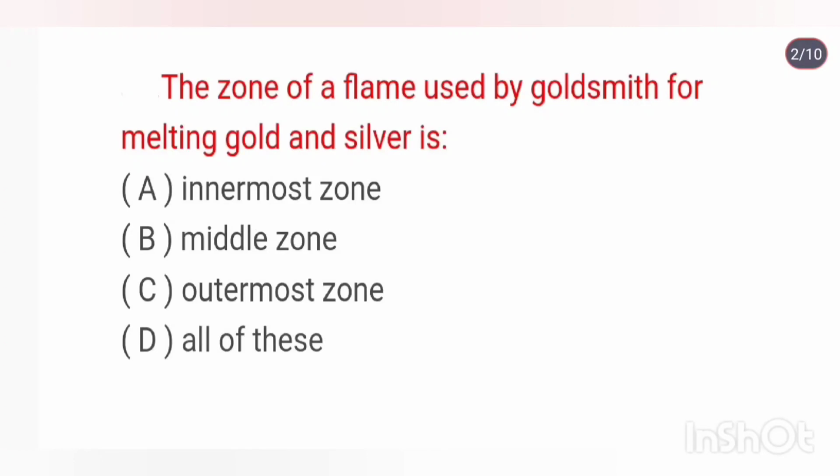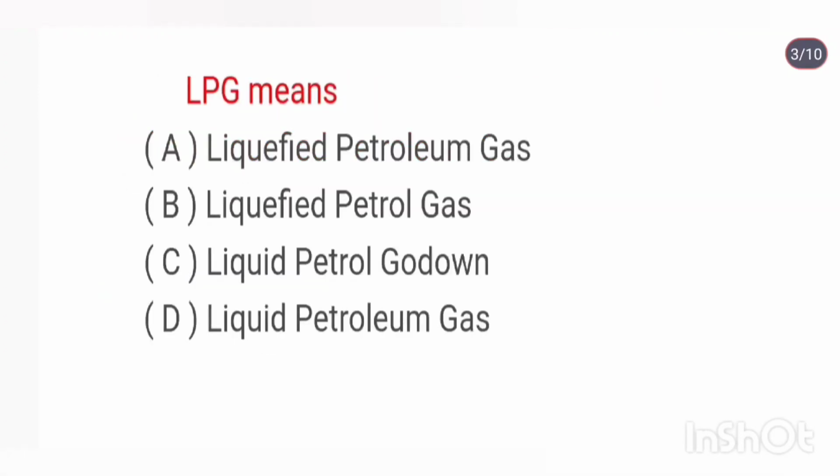The zone of a flame used by goldsmith for melting gold and silver is the outermost zone. LPG means liquefied petroleum gas.